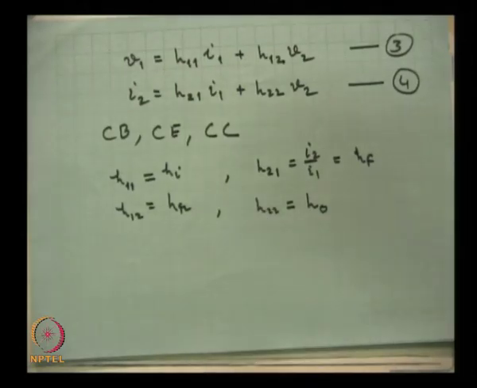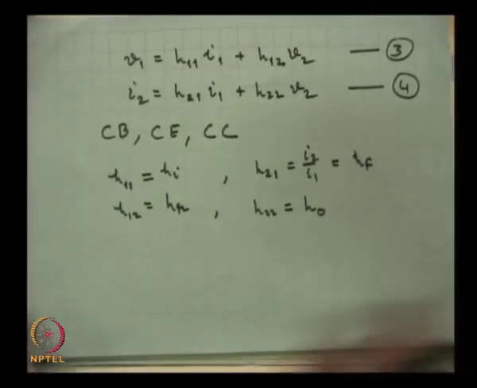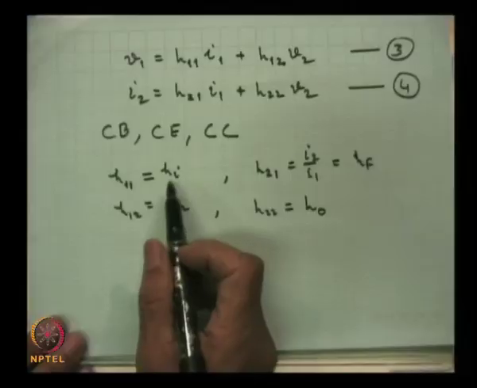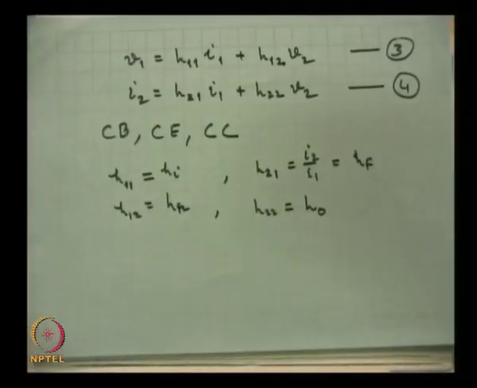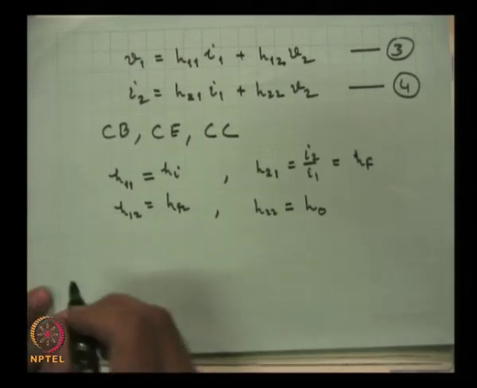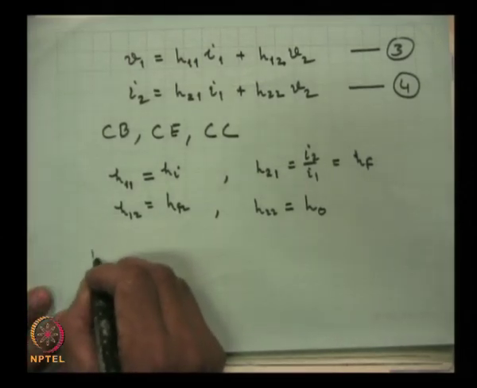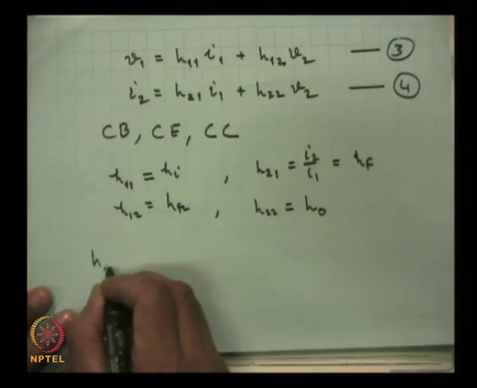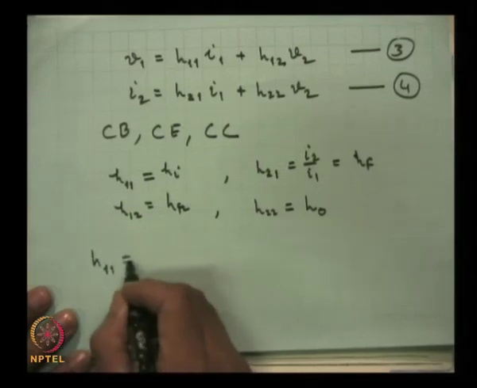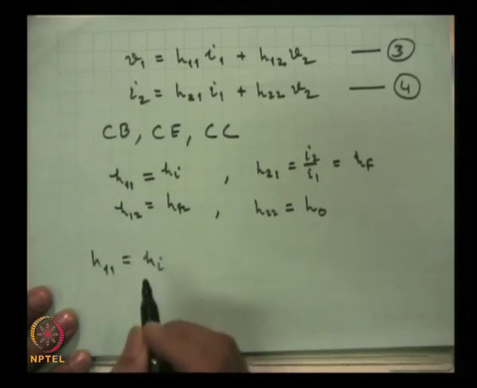Now, let us define under what terminal conditions these are measured and defined. The manufacturers almost for all transistors give the H parameters, and so let us define that H11 which we have written as HI.